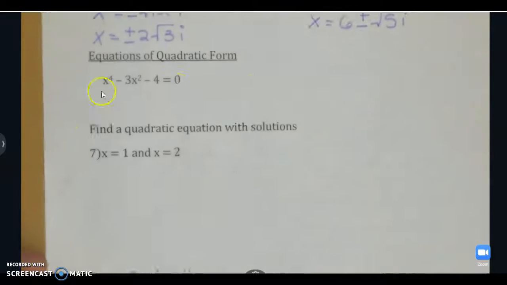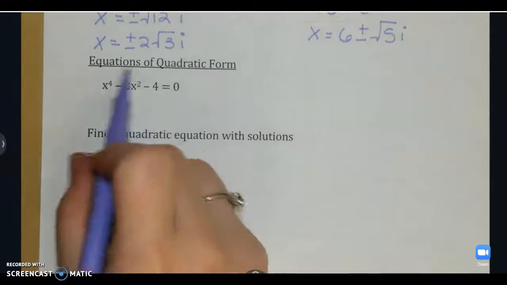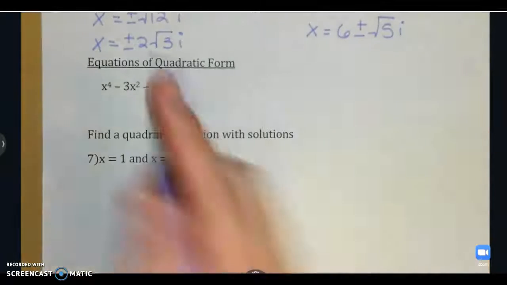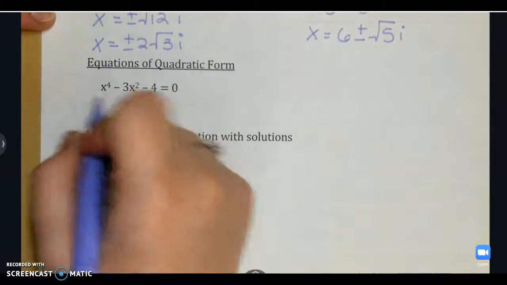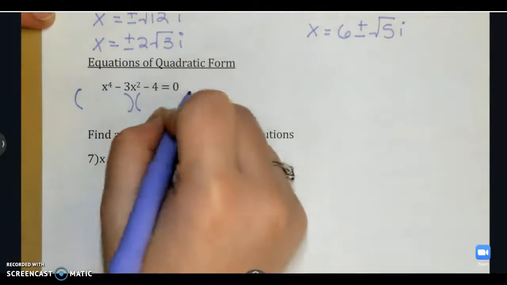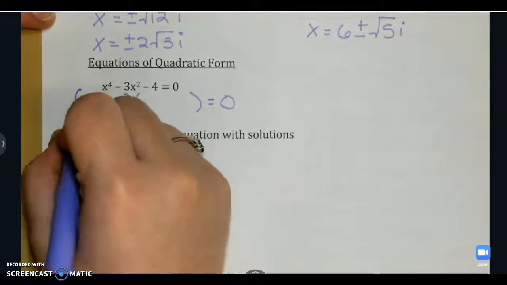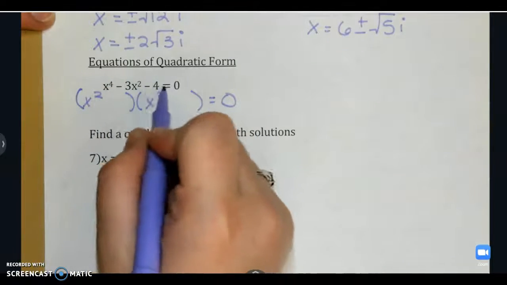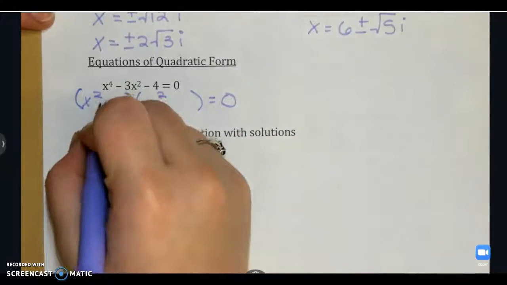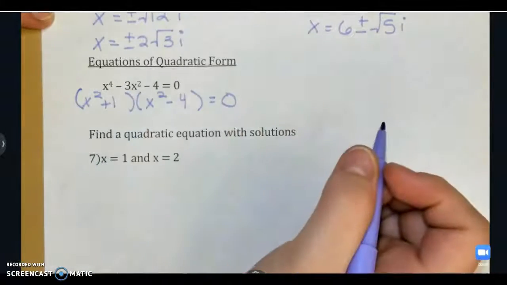On to another one. Now, this is a slightly different type of problem because we have a higher order exponent, but we can still factor this because it's a trinomial. So that's going to be x squared and x squared. So now I need factors of negative 4 that add to negative 3, and that's going to be positive 1 and negative 4.